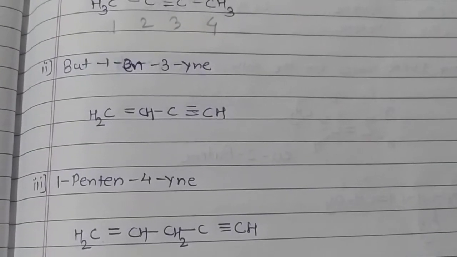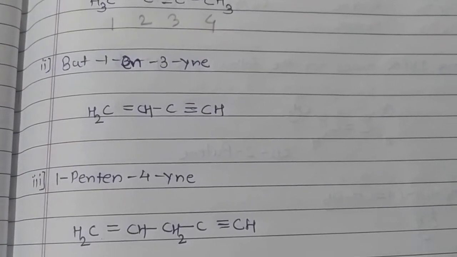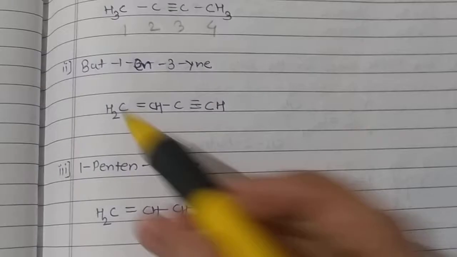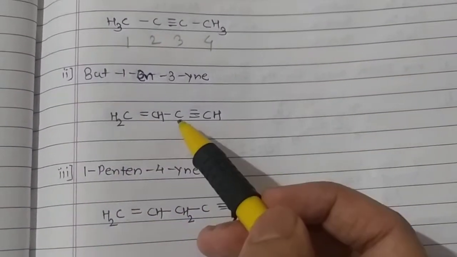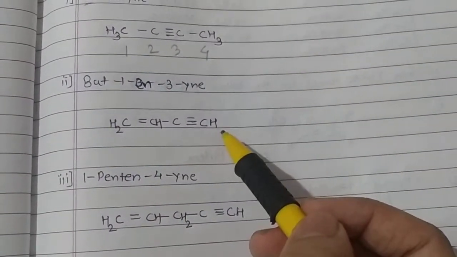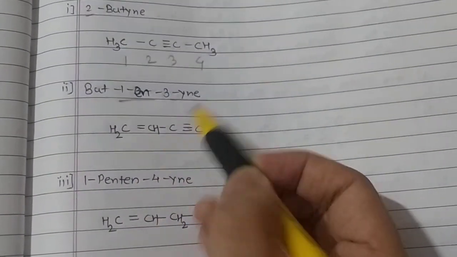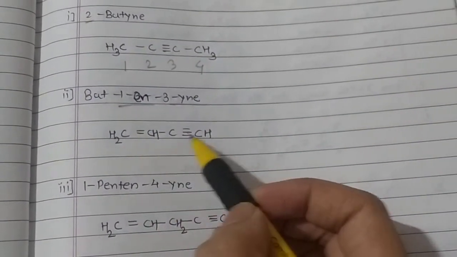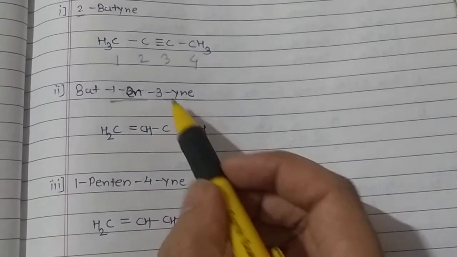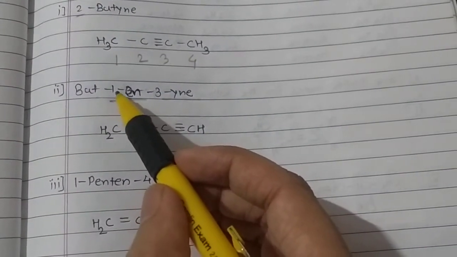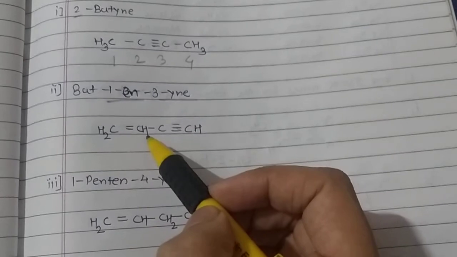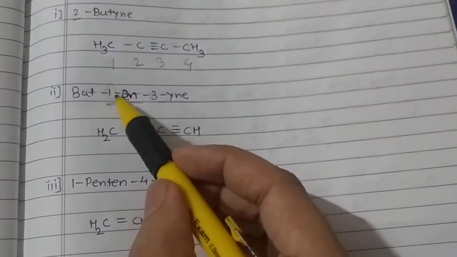Next example is but 1 en 3 yne. So again but, so 4 carbons. So first draw 4 carbons. Now here one double bond is there and one triple bond is there. So the double bond is in between first and second carbon, because 1 is written here.